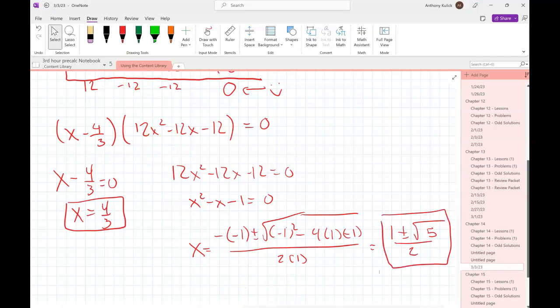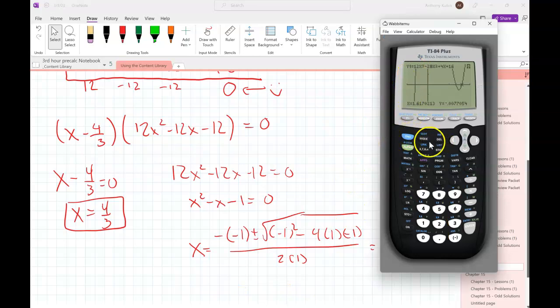And if I look at the decimal for these, if I do 1 plus the square root of 5 over 2, that's the 1.61 that we saw before. And if I do the minus, that's going to be the negative 0.6 that we saw before. So I feel real good about that.